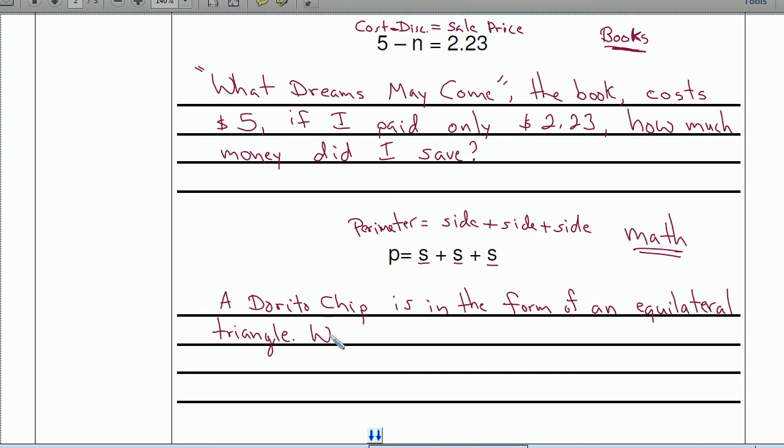And then I'm going to say write a formula that could be used to find the distance around the Dorito chip.